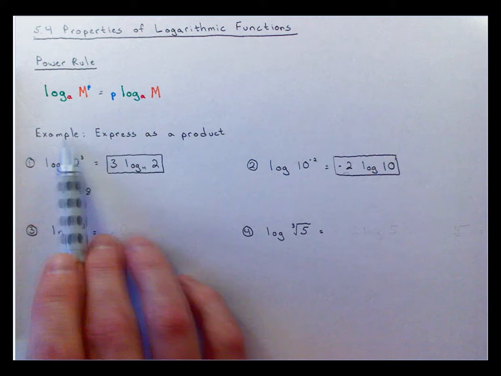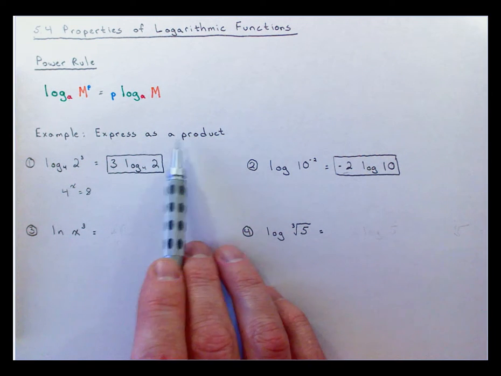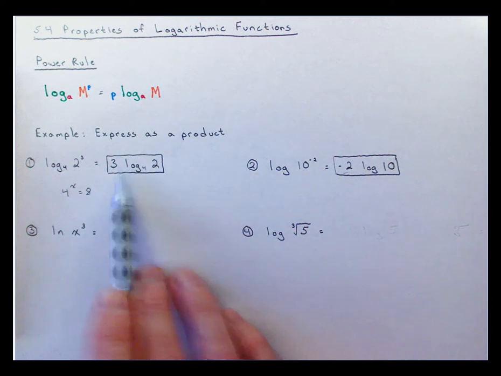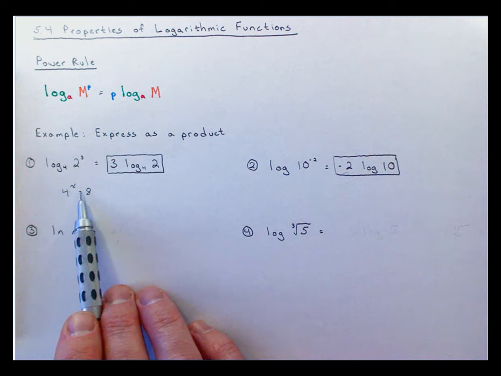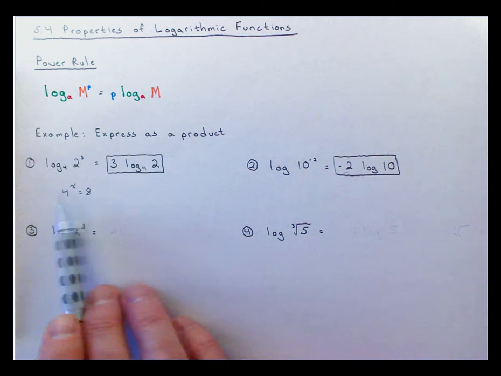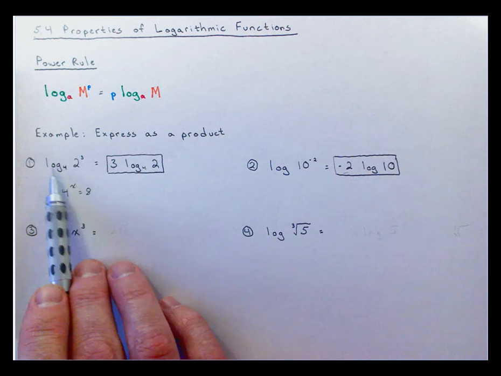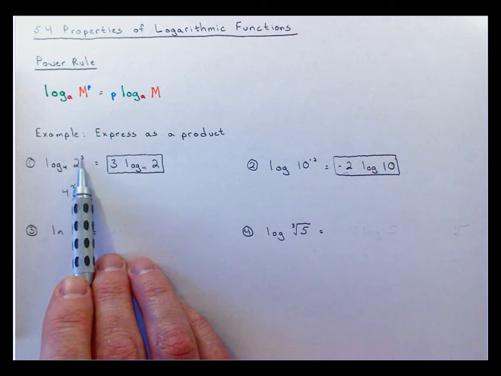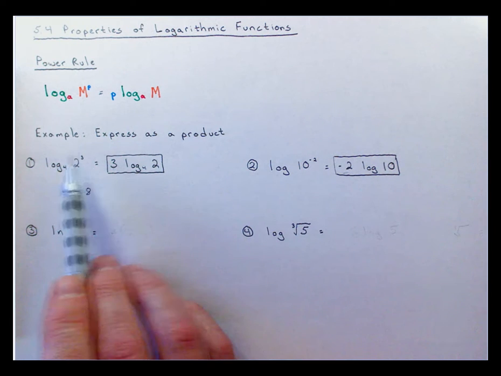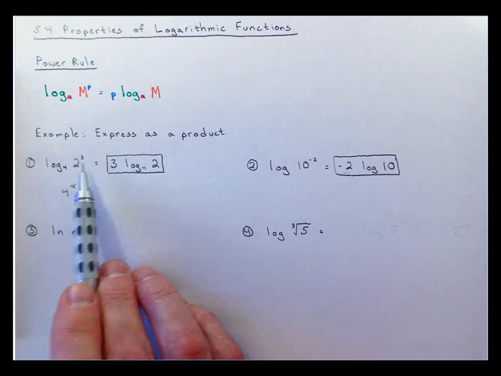And what it'll probably ask you is to express as a product, meaning you're not going to find a numeric value for this. But I went ahead and wrote it out so that we could see it. So this is my problem. I have log base 4 of 2 to the third power. Well, I just take that power and write it in front of my logarithm.